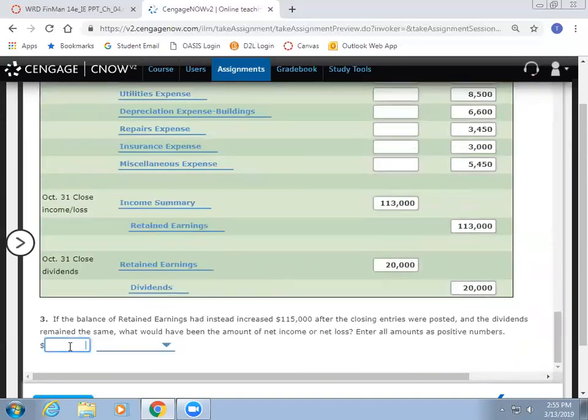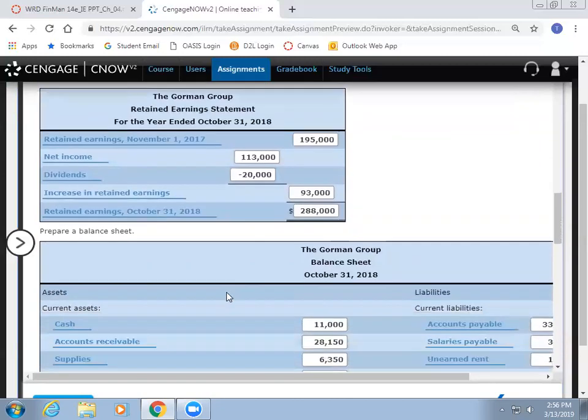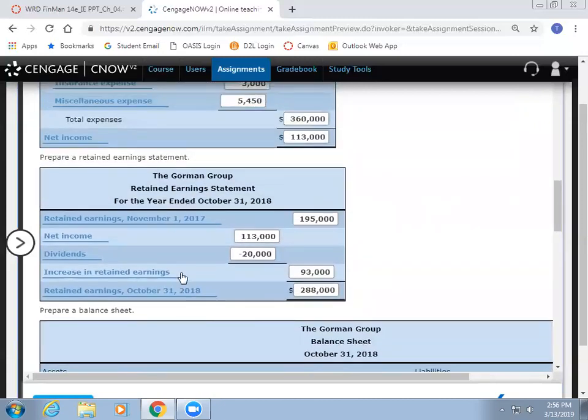You're basically taking the difference between the 115,000 increase and the 93,000 increase we showed. So that would have added another, what, 22,000 of retained earnings. So we would add that to our net income. Our net income would have had to have been 22,000 higher.